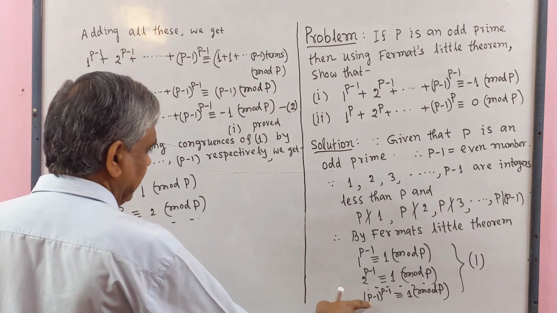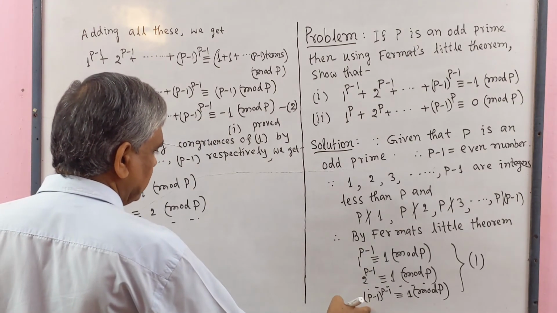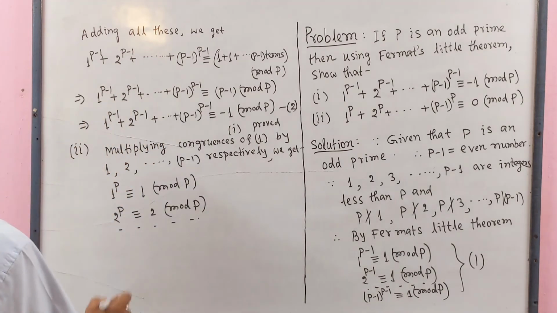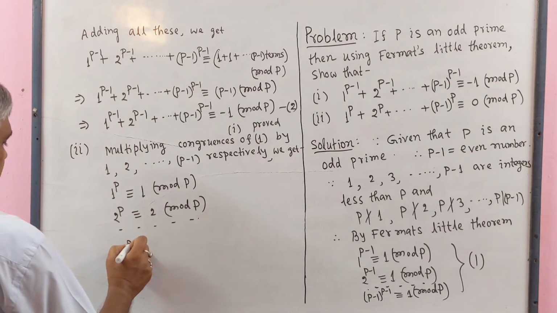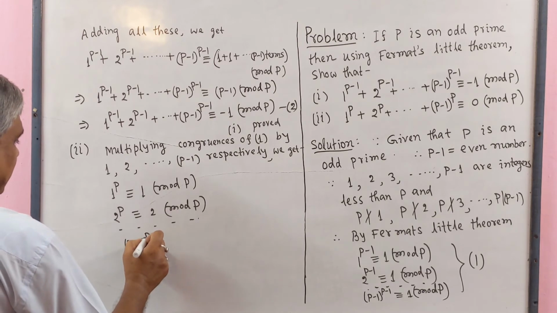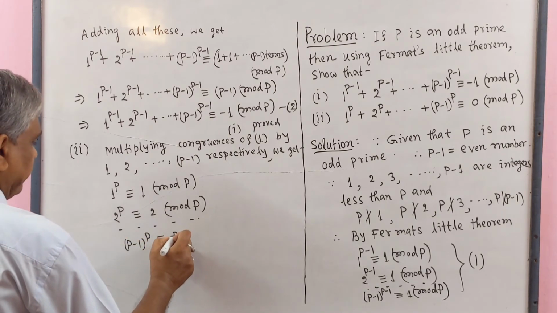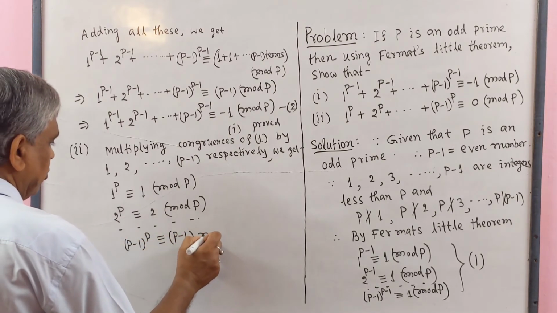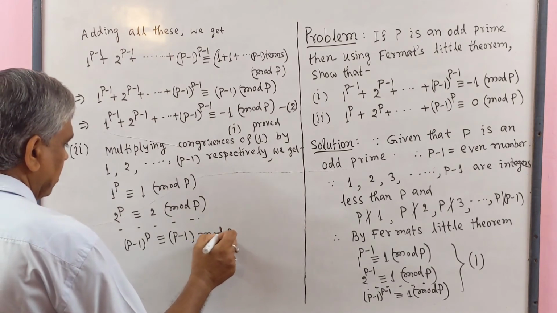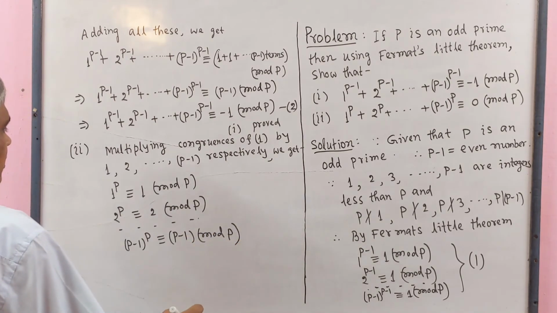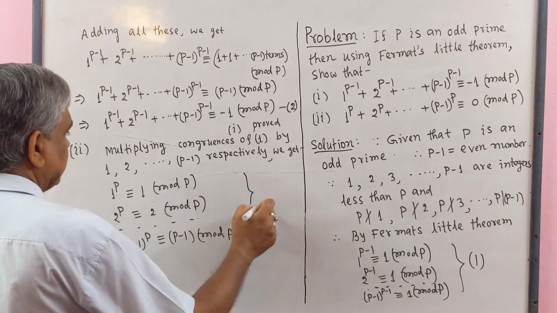Now if we multiply this by p minus 1, we get p minus 1 to the power p congruent to p minus 1 modulo p. Let this be number 3.